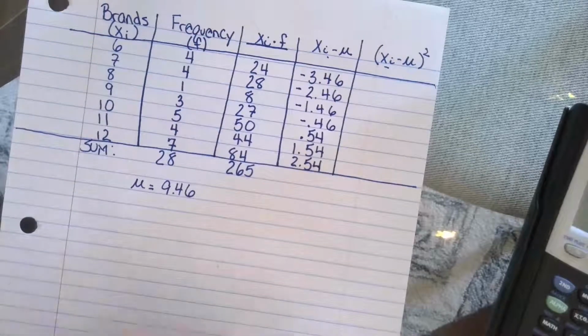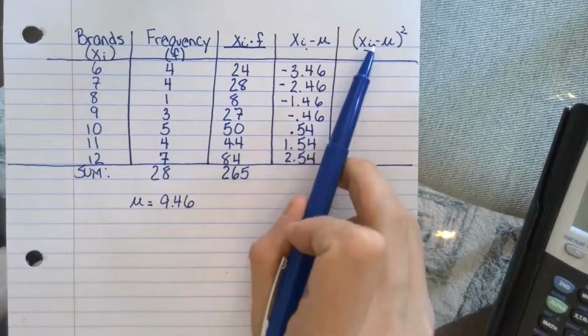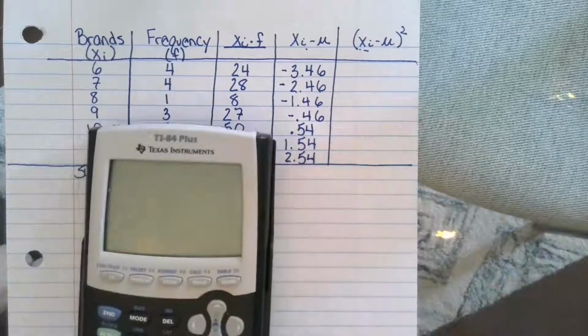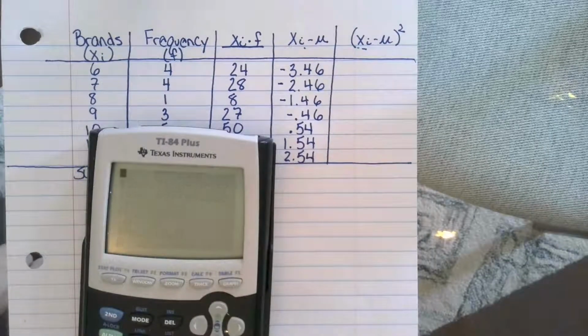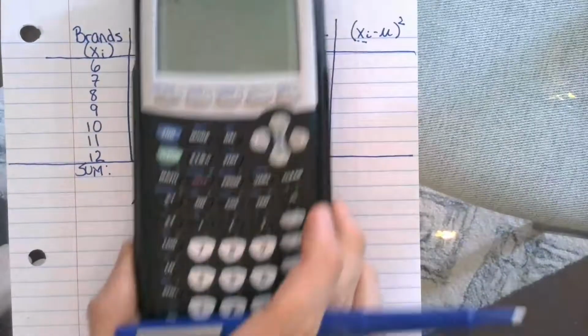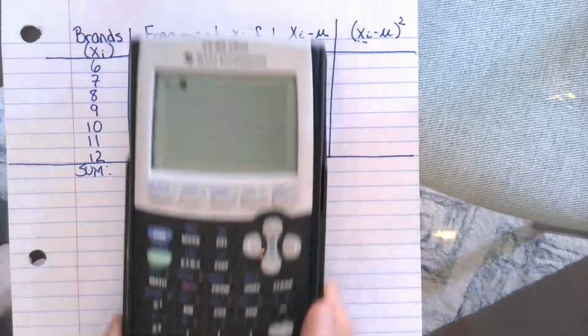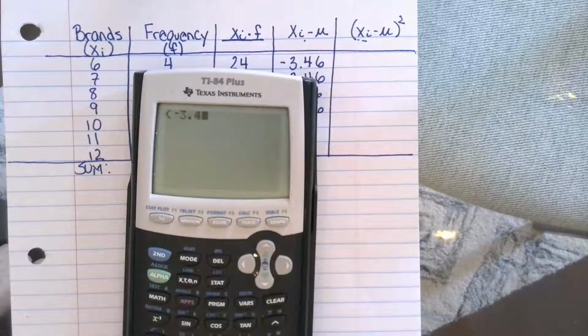So now that that's done, what I'm going to want to do now is compute this column. So I can use my calculator. I'm going to put my negative in, which is down here by the 0, and then square it.